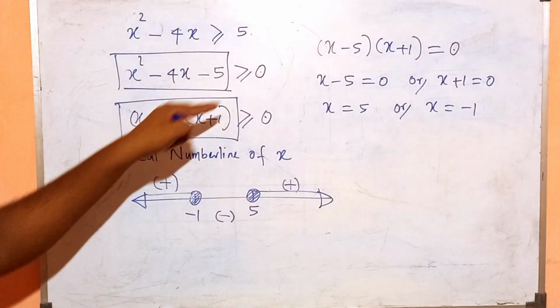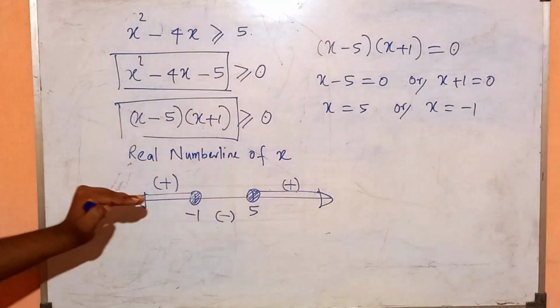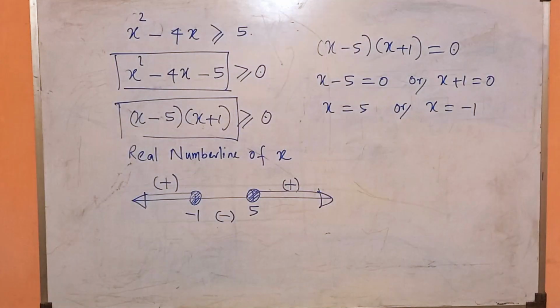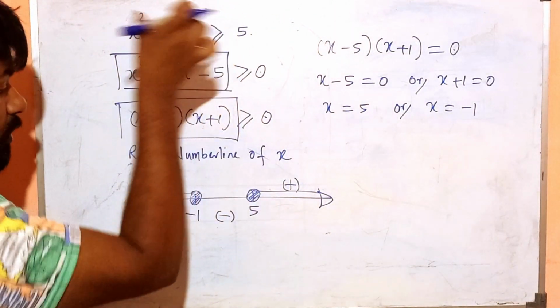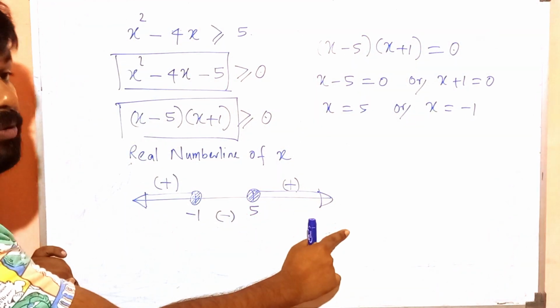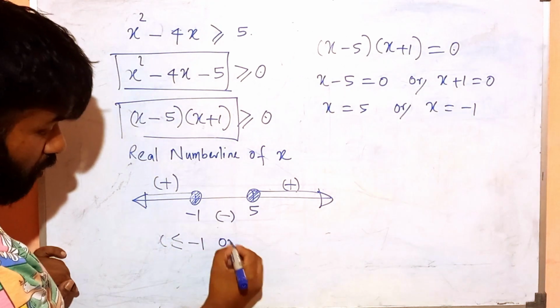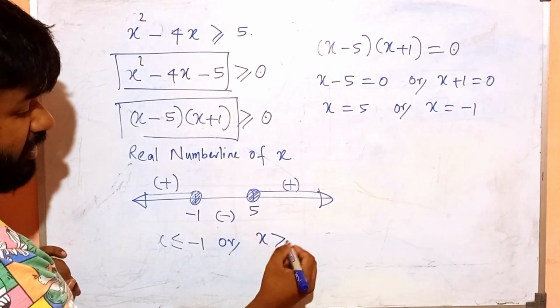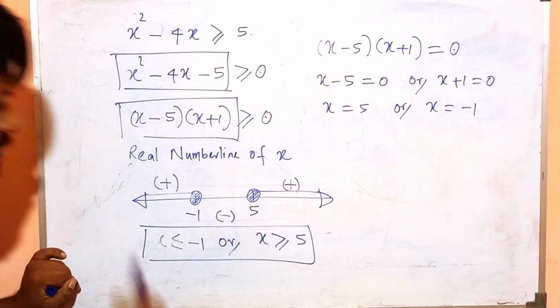If it is smaller than 0 or smaller than or equal to 0, you have to take the negative region. So we have selected the positive region. So the values of x which satisfy this inequality: x has to be smaller than or equal to minus 1, or x has to be greater than or equal to 5. So you can write it like this. So this is the solution.